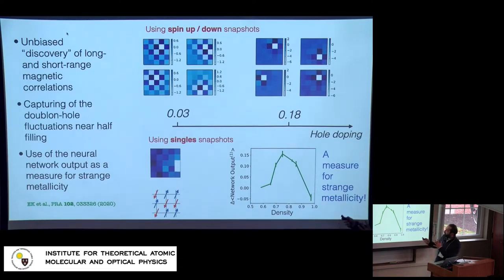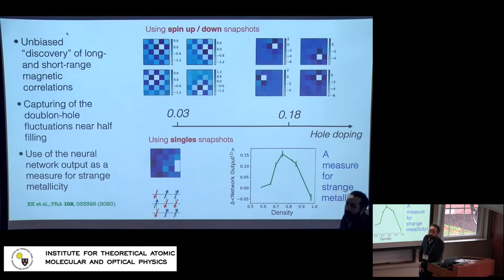The training happens here at 18% doping, and when you go away from half filling, the network can just look at the density and figure out that you're away from that filling and give you something like this. So this delta here is when you effectively subtract that effect from the output of your neural network. So this is pure correlation.